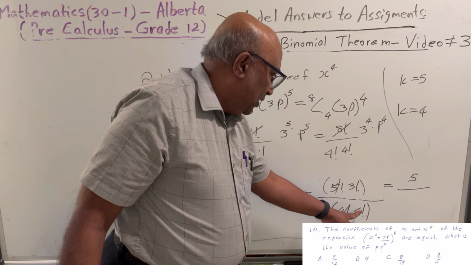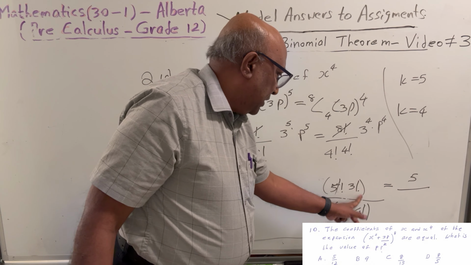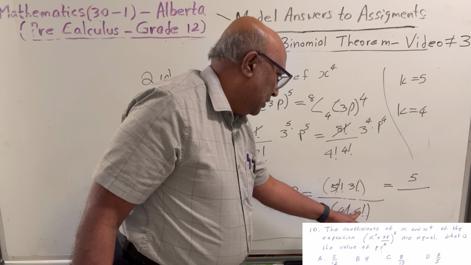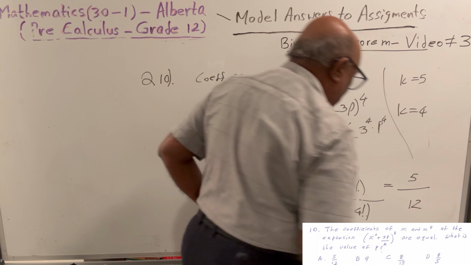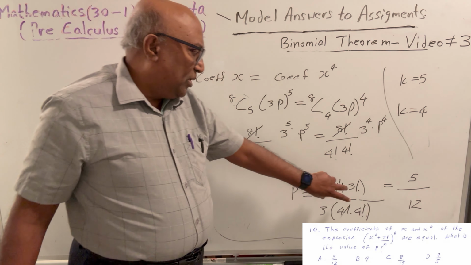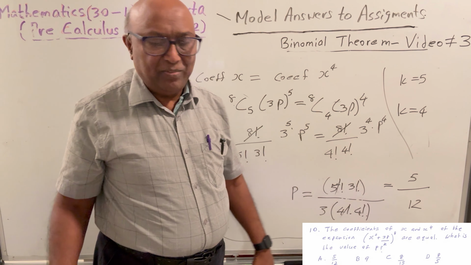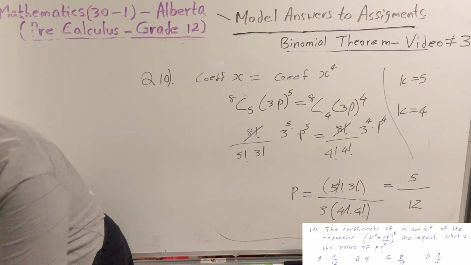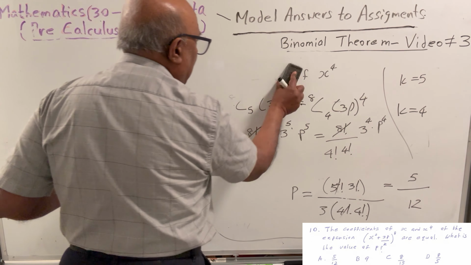Here factorial 3 upon factorial 4: factorial 4 is 4 times factorial 3, factorial 3 is gone, then 4 times 3, 12. This answer can come from a graphing calculator, otherwise you can calculate this number and divide. No problem, this is the answer. The p value is 12.5. That means the answer is A. Answer is A.